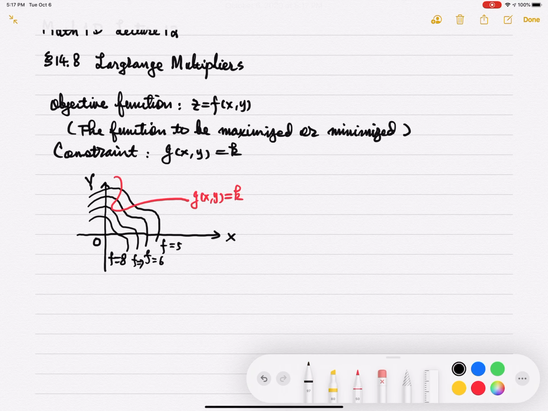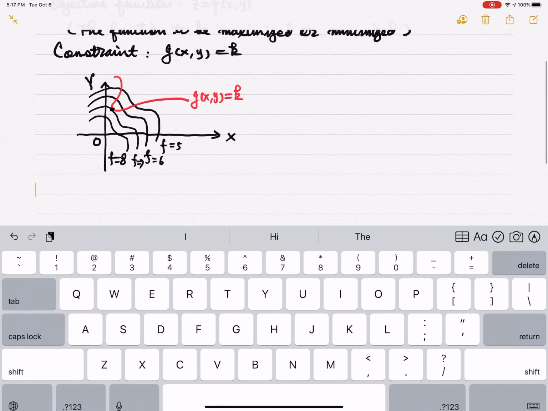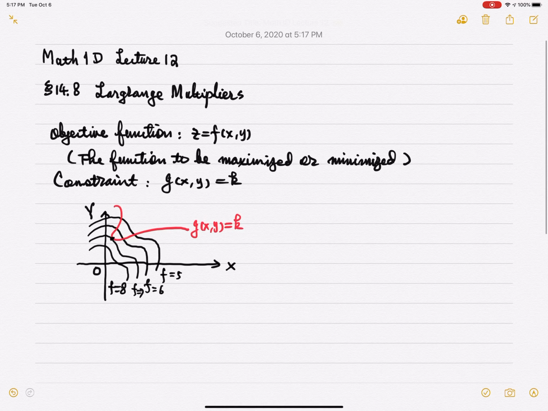Now you can see this point gives you the maximum value, because you don't have anything below that curve, still on g. If you go down, the f value is increasing.